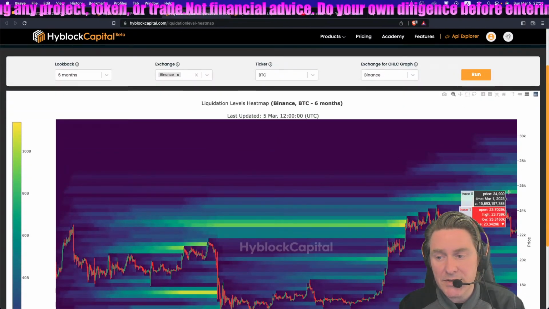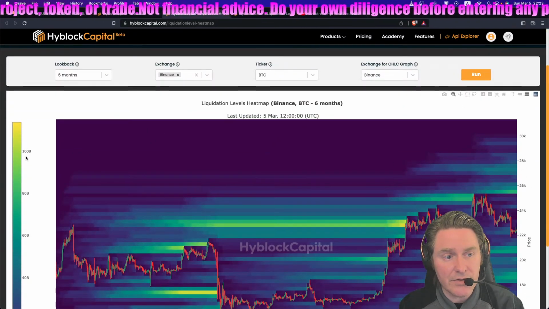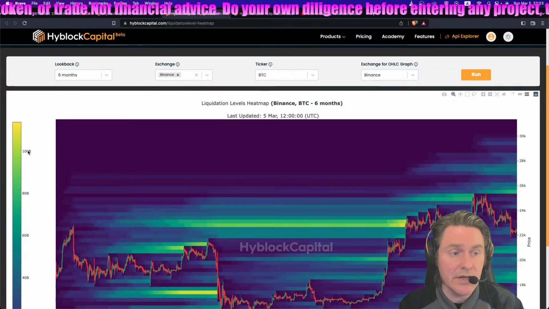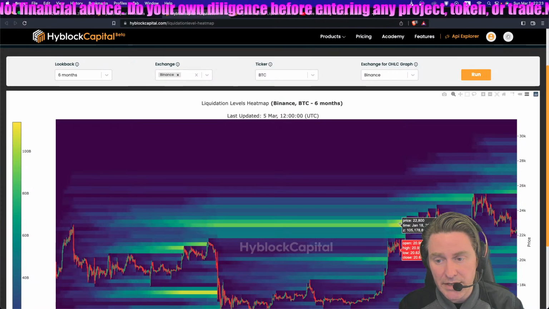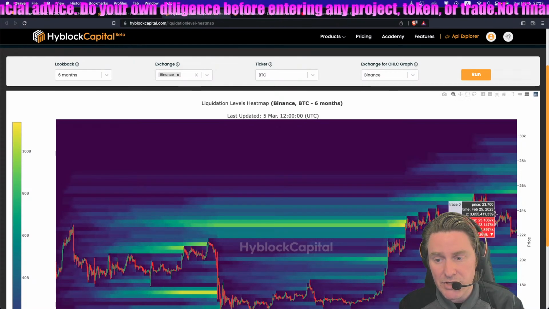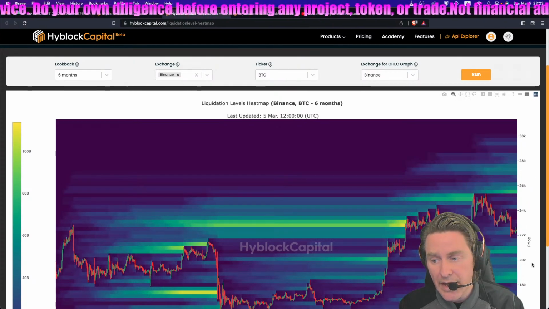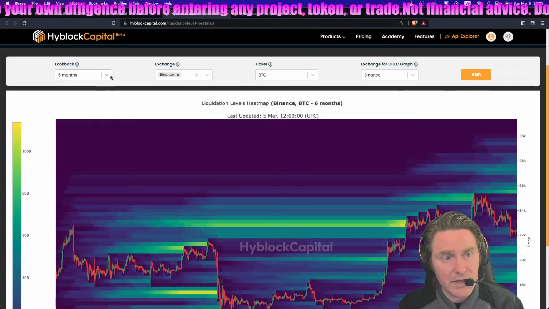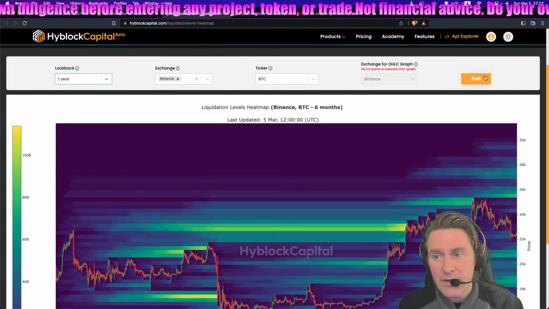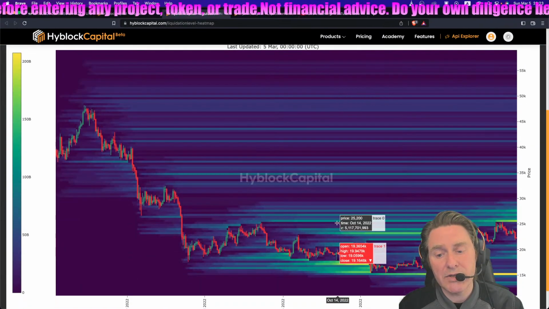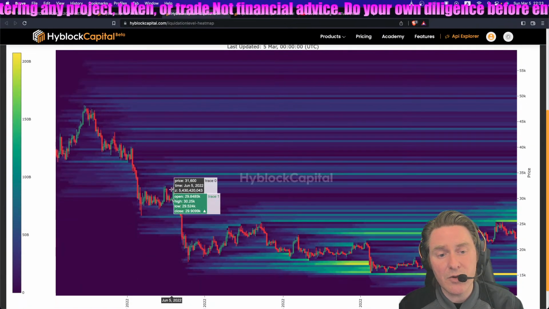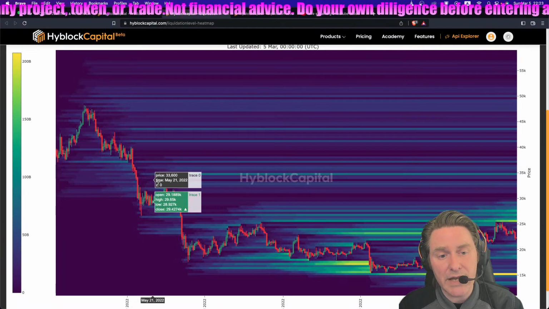It doesn't express it so clearly here, but you'll notice that the values changed. 100 billion equals yellow color, so that 100 billion that got taken at 22.3 back in January, they haven't yet made that on the 6-month time frame. But if you go to the yearly, you'll see a different picture entirely, because they have pools that go all the way back to June and May of last year.